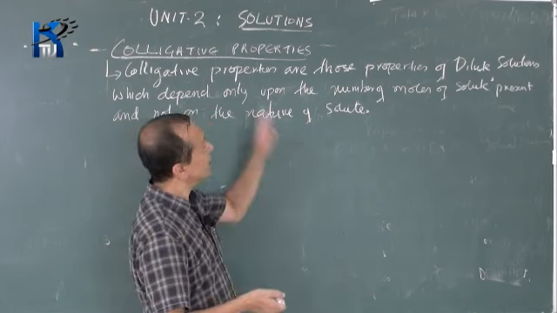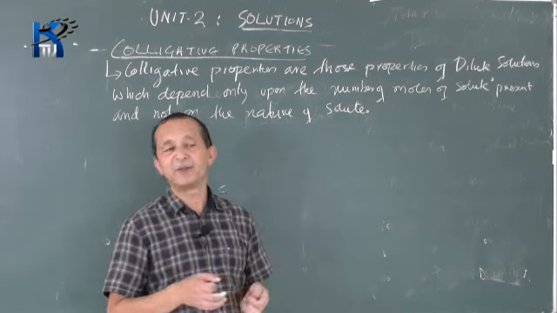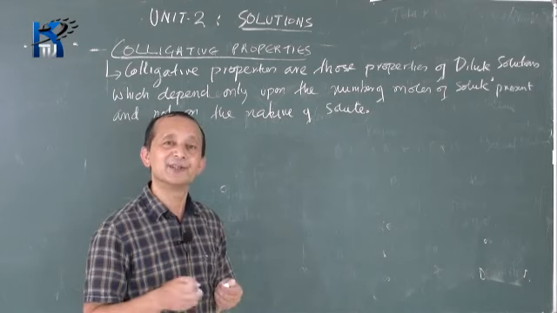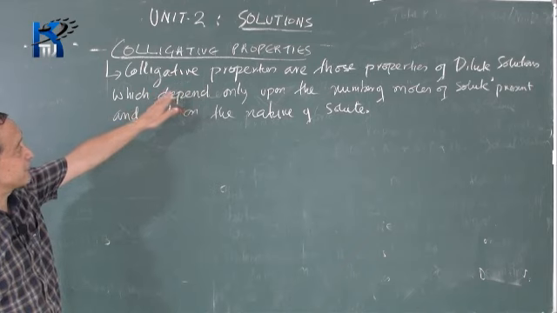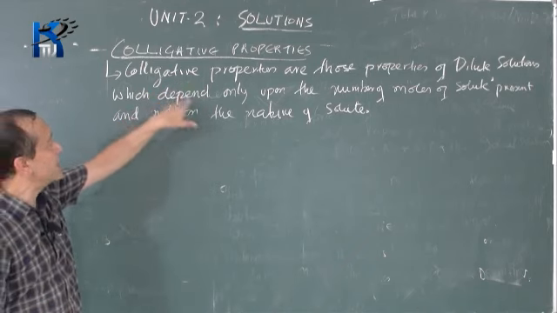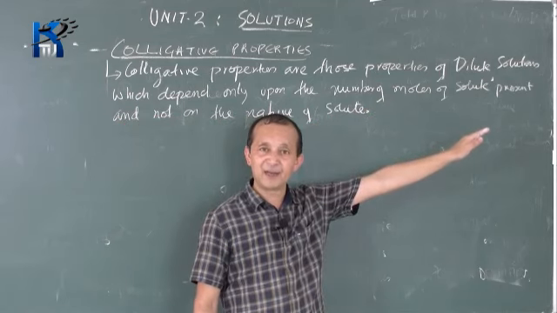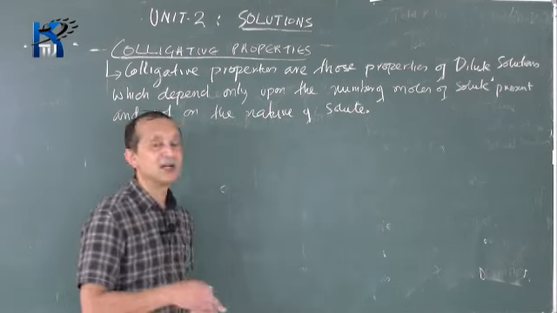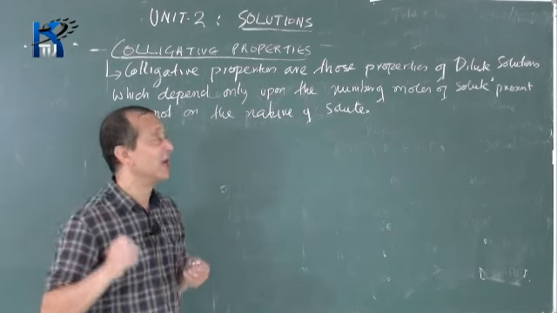Therefore, colligative properties are shown by dilute solutions, which means colligative properties will be shown only if the solution is ideal. They depend only on the number of moles of the solute present, not on the nature.